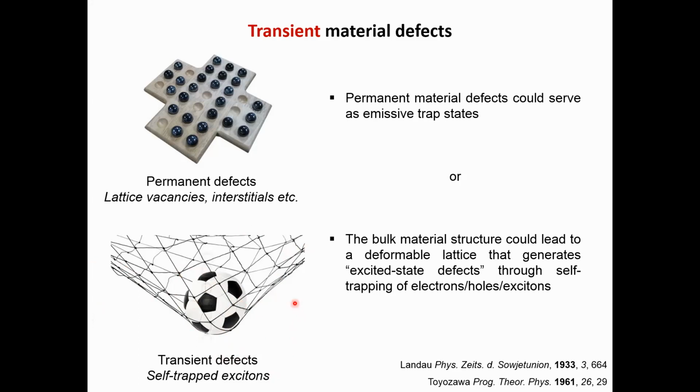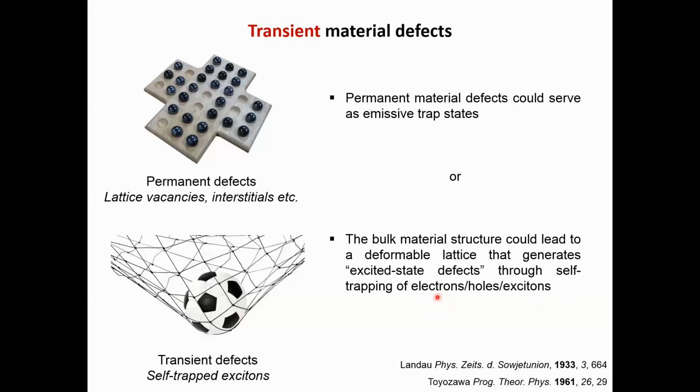And likewise, we think that the distortion or the defect in these materials that give rise to the white light, these defects are present only in the excited state. So this phenomenon is called exciton self-trapping. So I told you I haven't been very specific about what the carriers are in this material.